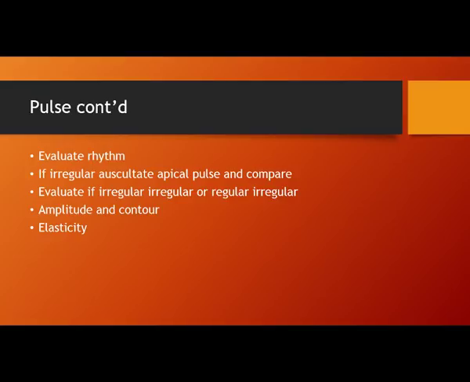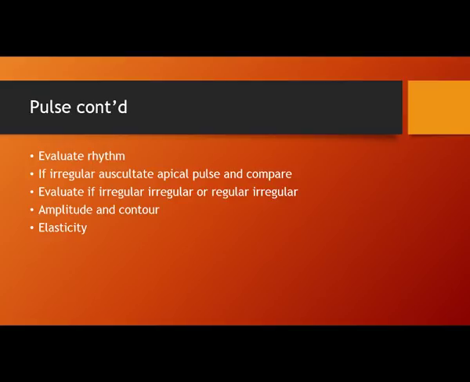Some adults can, some can't. That's where you would auscultate to detect the apical pulse. At the same time you're listening, you'd also be checking the radial pulse, because you may have some apical beats that don't translate into a radial pulse, and we would call those dropped beats. So you'd want to auscultate and see if there are any radial beats that are dropped.